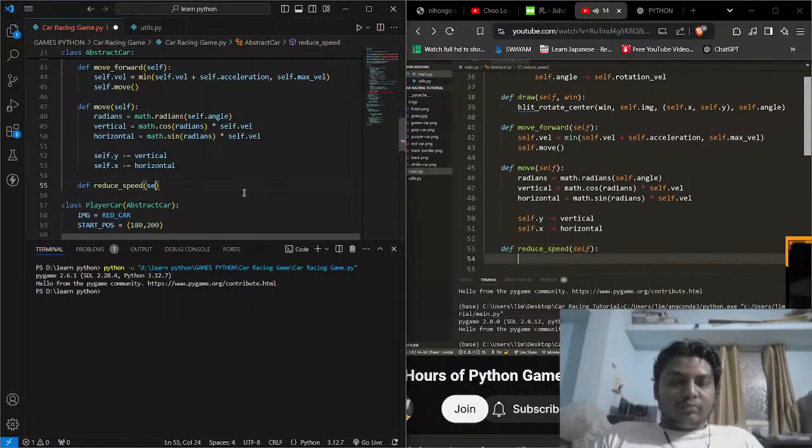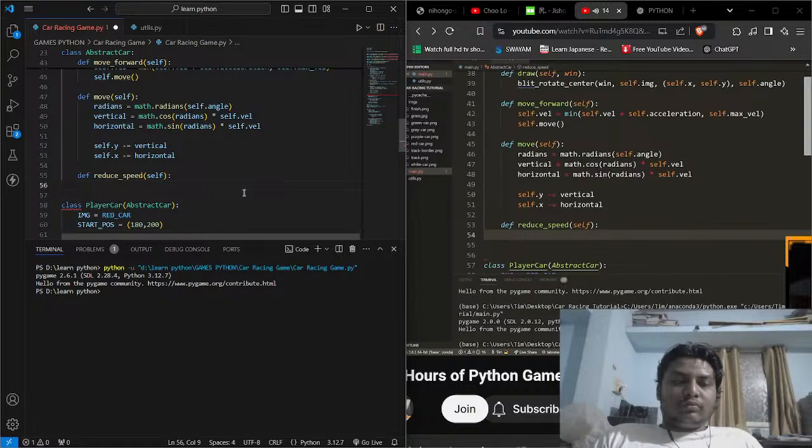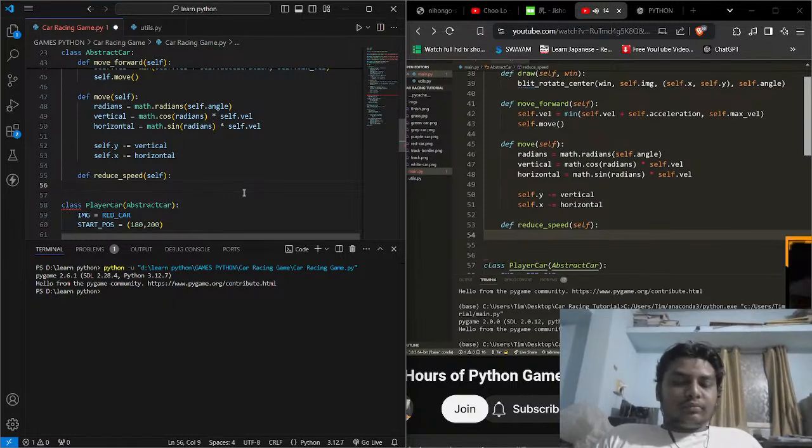And we're just going to take in self. Now what we're going to do is reduce our speed by half of our acceleration. That is because we can accelerate faster than we can slow down. At least that's the logic that I'm going to use. I'm not sure if that actually applies in the real world, but that's kind of what we're going to do here. Also, just so that we don't slow down super, super quick, because we can accelerate really quick. Anyways, you'll see how this works as I get into this method.